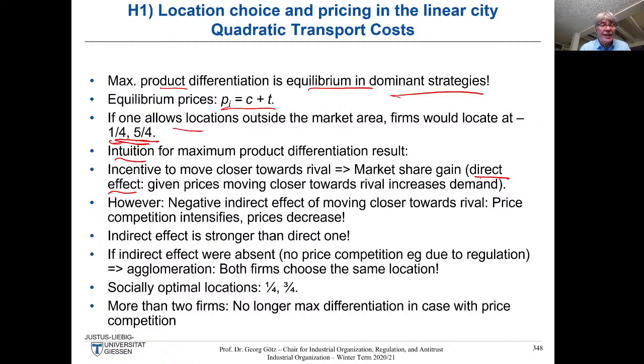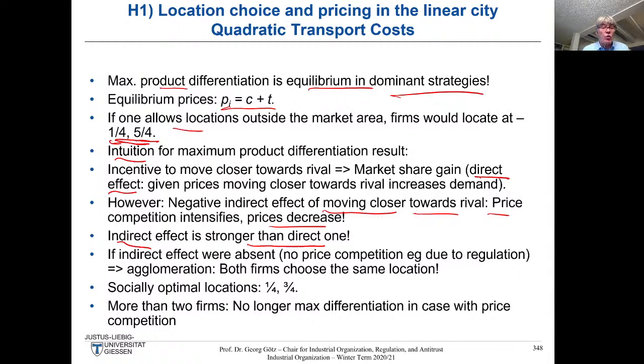And if you do that, you run into trouble because prices may go down until 0. So the problem is this negative indirect effect: moving closer towards your rival means that prices decrease so strongly that in total, your profits will go down. So the indirect effect, the price effect, is stronger than the direct one. That's why you want to have maximum product differentiation.